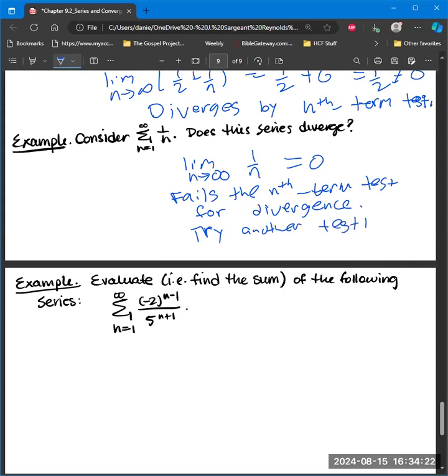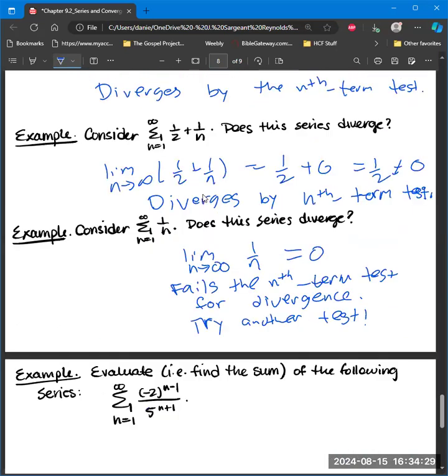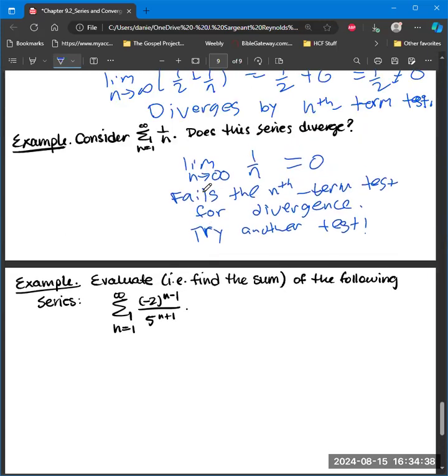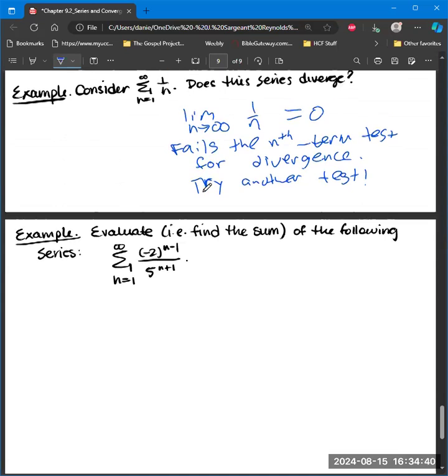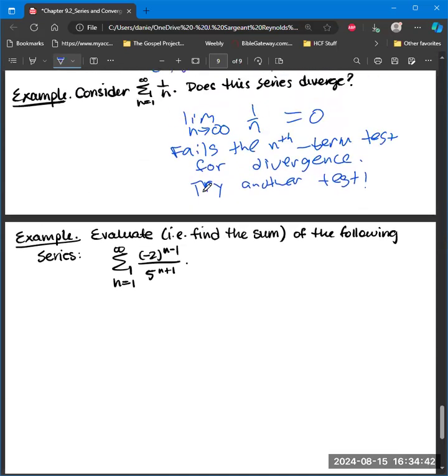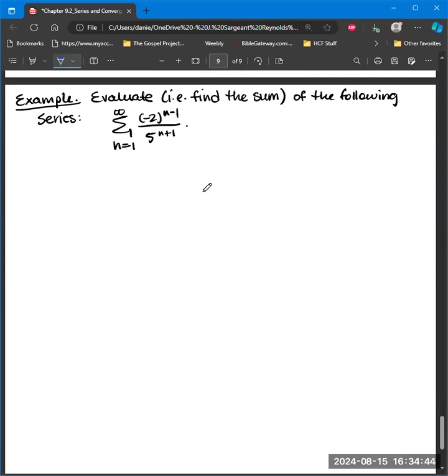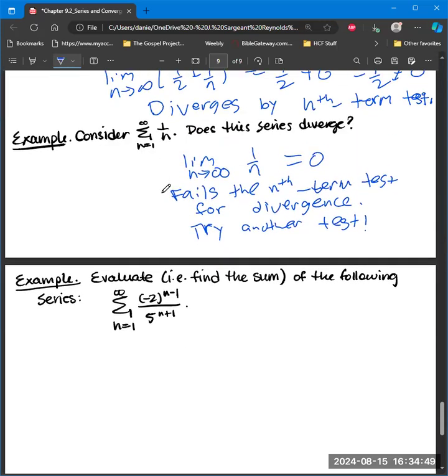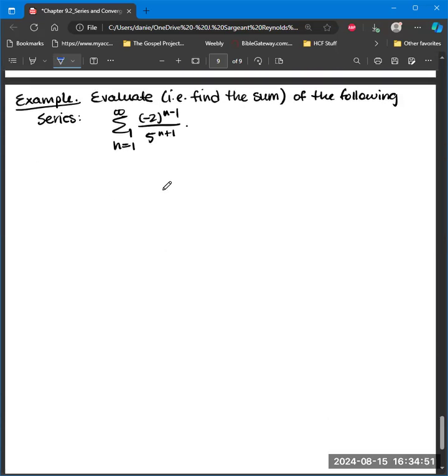We already know from earlier that it diverges, because we actually did that with partial sums earlier, and we'll have other tests later on. We can either use the integral test or the p-series test, and that one's going to diverge.